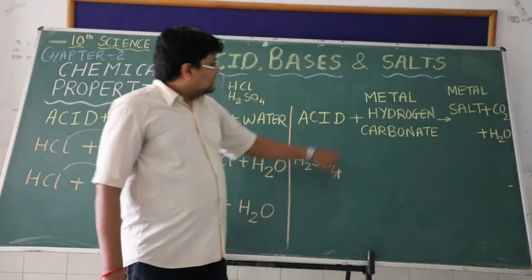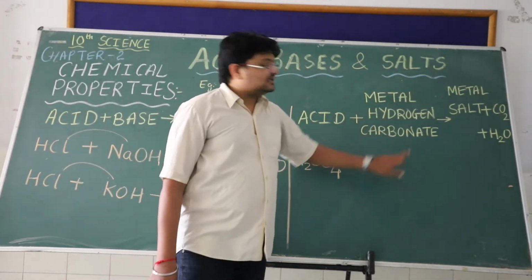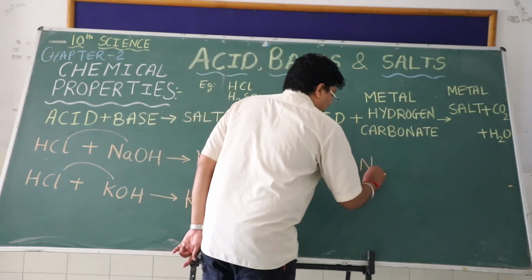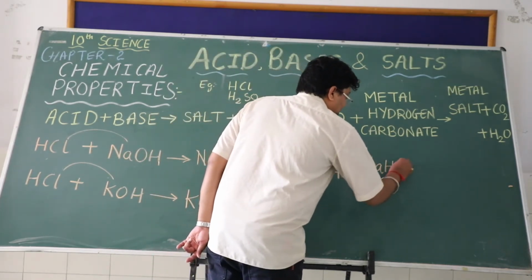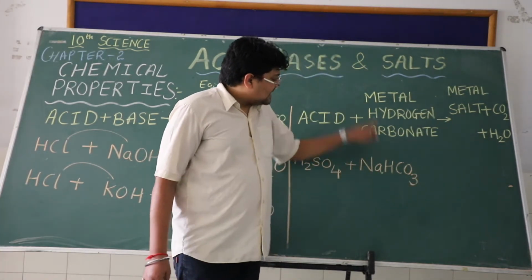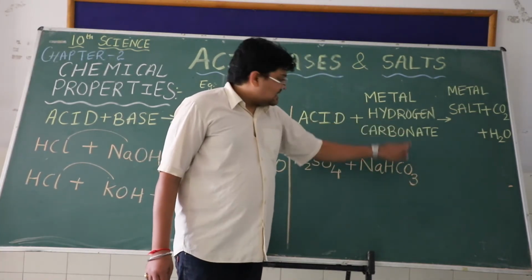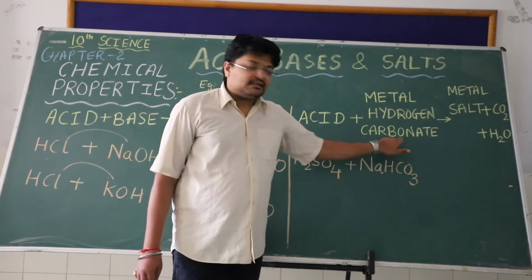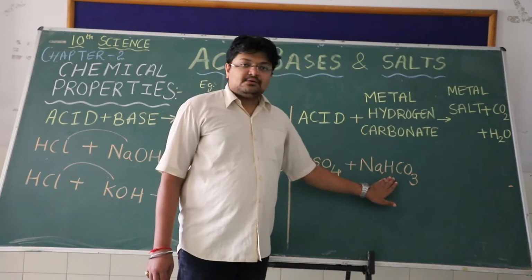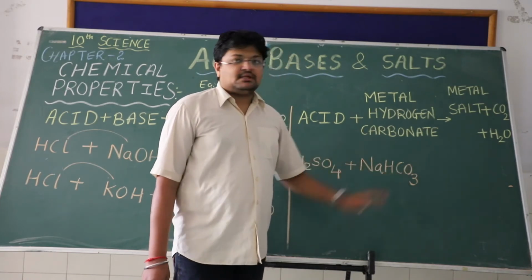With this I am taking metal hydrogen carbonate, for example NaHCO3. See, here Na is a metal, H stands for hydrogen and CO3 stands for carbonate ion. So it is a metal hydrogen carbonate, sodium hydrogen carbonate, NaHCO3.